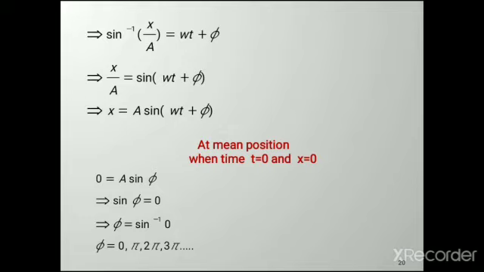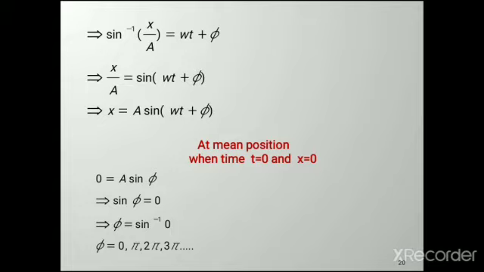At mean position, when time t is equal to 0, obviously x is equal to 0. So let us substitute in the equation of displacement. Then we will get 0 is equal to a sine phi. A cannot be equal to 0 as it is amplitude. Hence, sine phi is equal to 0.